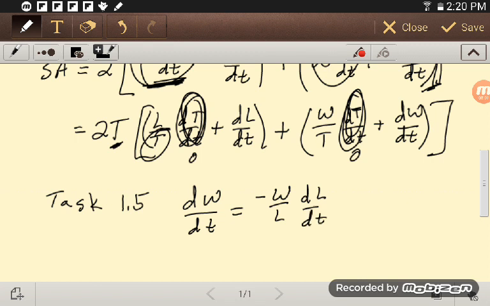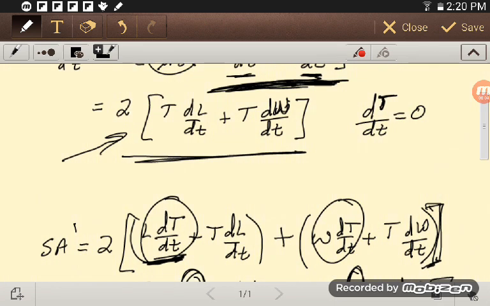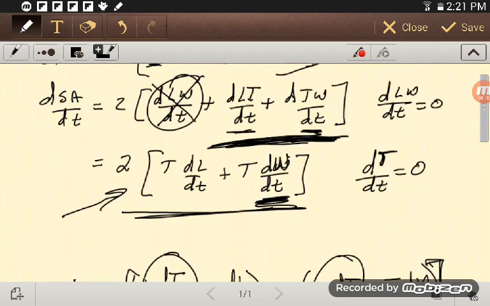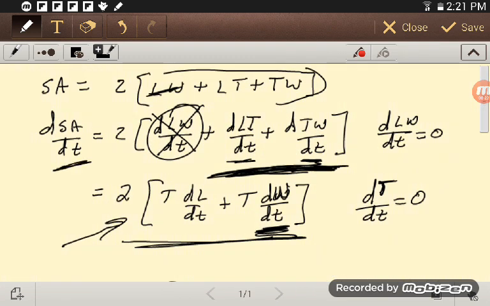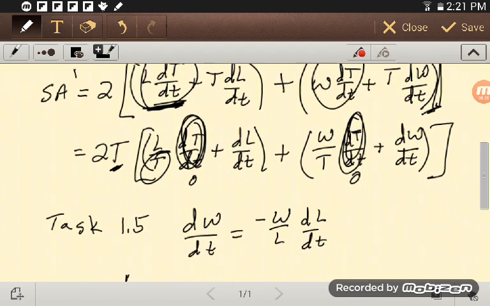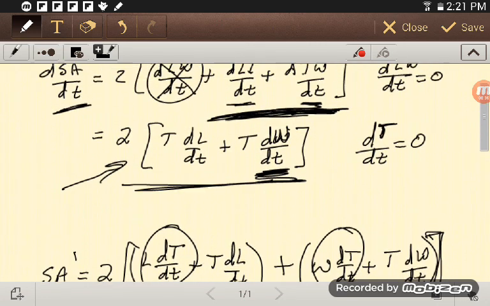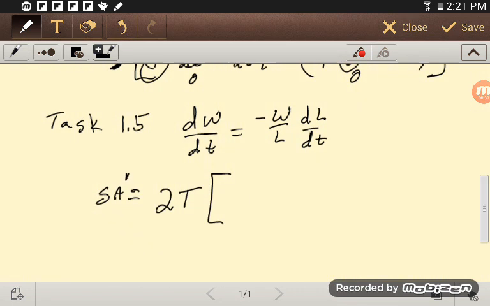And so if I have that, I can substitute that in here for dW dt, and so at that point I would have my surface area derivative, because that's what we have there, as 2t, and then we had dL dt, and then minus W over L dL dt.